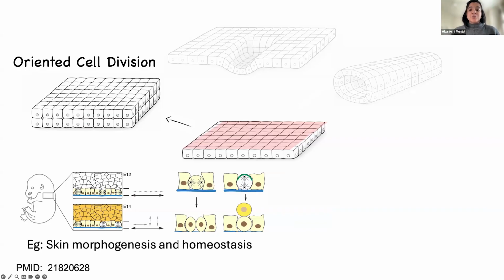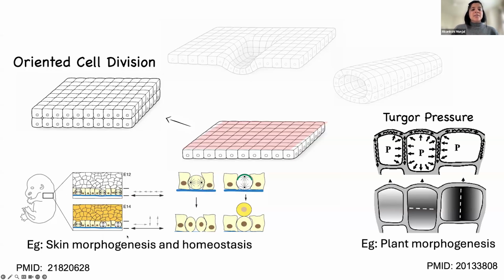One mechanism of the skin epithelium is that if you have the orientation of the mitotic spindle in the plane of this basal layer, so this is the stem cell layer, it will make more of these stem cells. But if it's perpendicular to this layer, then it will really result in stratification of this skin or more differentiated cells. And this way of doing oriented cell division is essentially how plants perform morphogenesis.